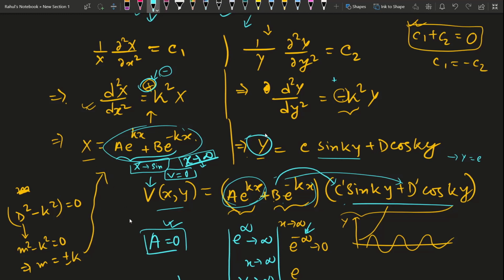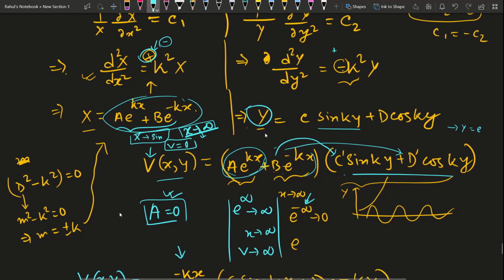That means v will tend to 0 as we approach infinity along the x-axis. So that is properly matching with our boundary conditions. That's why I have taken this positive and this negative.